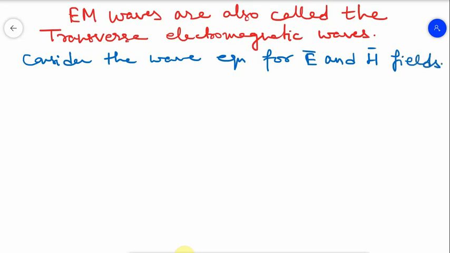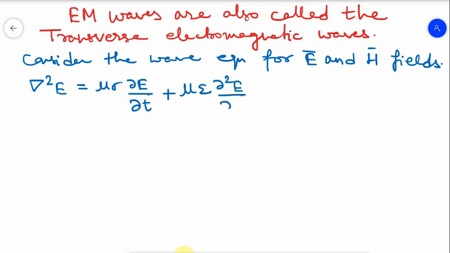Now, what are the expressions for E and H we had derived in the last class? So that is del 2E equals mu sigma del E upon del t plus mu epsilon del 2E upon del t square, and this is your equation 1.